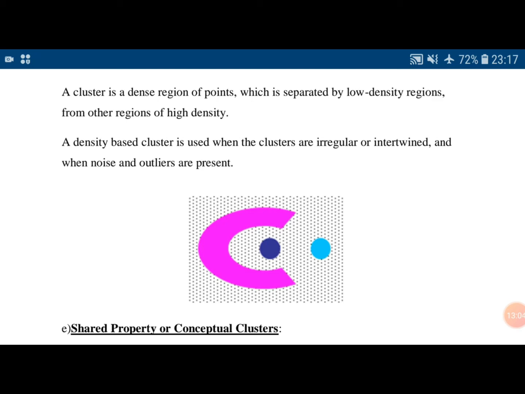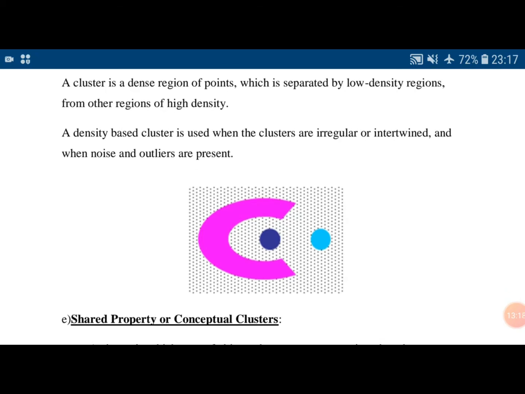In the thick blue circle the points are very near compared to the light blue circle. So that means the thick blue circle is a high density region, and the light blue circle is a low density region.